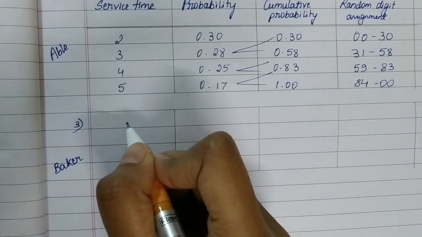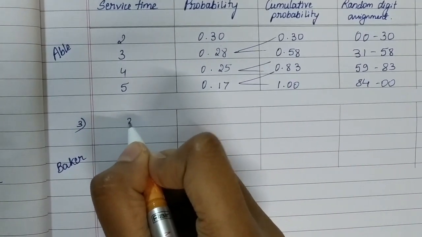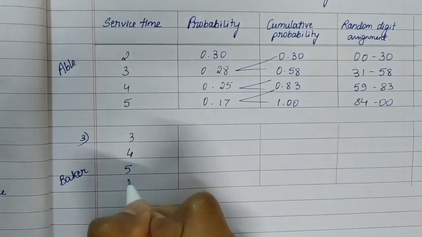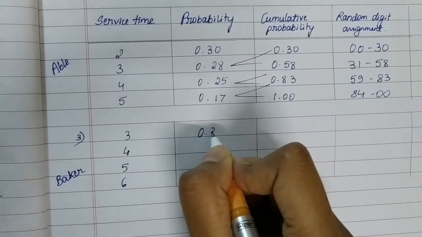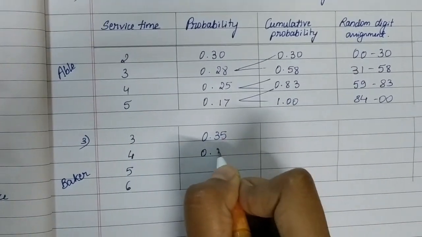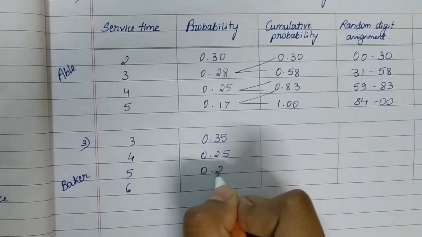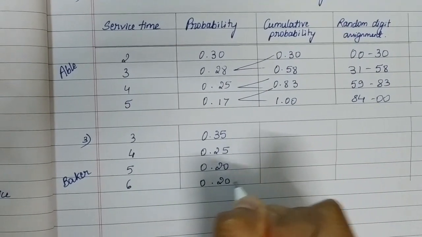Similarly, for the Baker table, the service time is given as 3, 4, 5, 6. Probabilities are given as 0.35, 0.25, 0.20, 0.20.